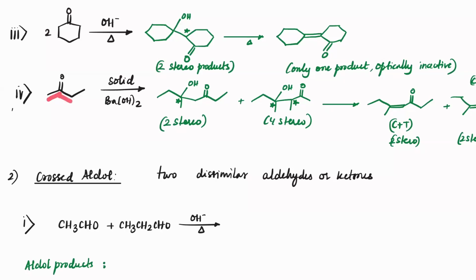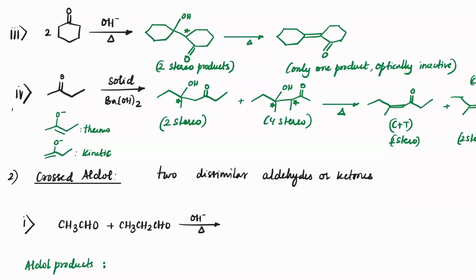Since the double bond enolate ion is more stable here, this is called the thermodynamic enolate ion. This is the thermo-enolate. If you have this one, this is the kinetic enolate. So the thermodynamic enolate is more favorable because you are carrying out the reaction with some heat.